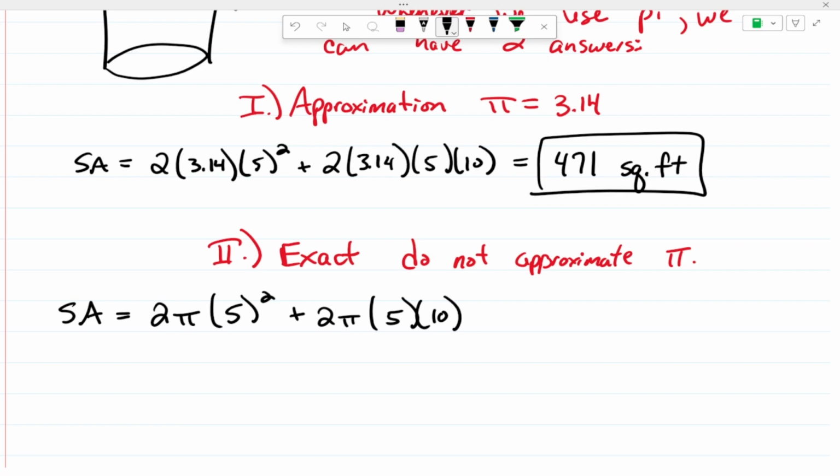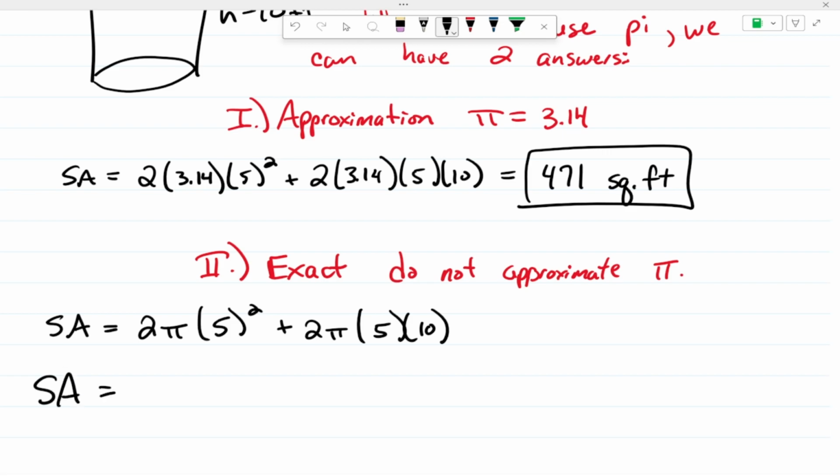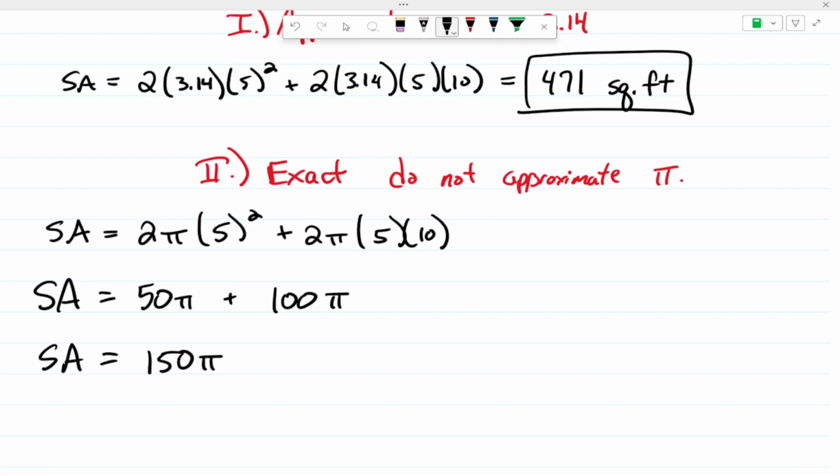And I simplify everything except I do not worry about pi. In other words, our surface area here will be 5 to the second, which is 25, times 2 is 50, so this will be 50 pi, plus 2 times 5 is 10, 10 times 10 is 100, so this is 100 pi, and then I would combine these two answers together to give me 150 pi square feet.